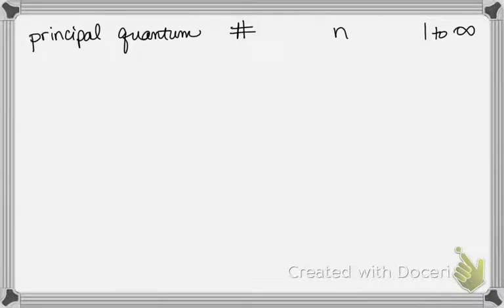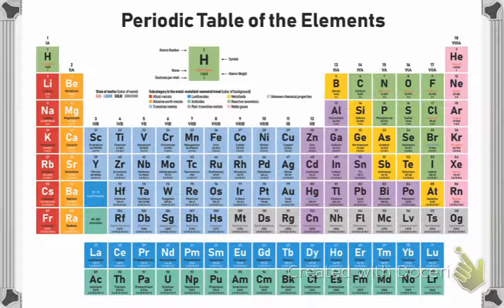If you'll recall from that video, they talked about how the electron can be in the first orbital or the second orbital, but it couldn't be in between. Well, that's what N is telling us, is where the electron is. So I'm going to pull in here a picture that you recognize. Going down the left side, it has a period number.